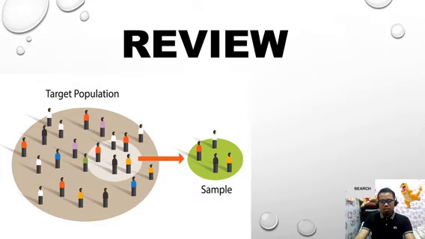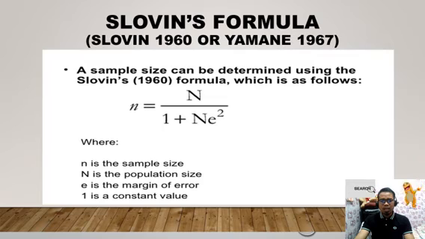The next question will be, how are you going to get the sample? You can get the sample by using the suggested Slovin's formula, Slovin 1960 or Yamane 1967 formula, and the formula is about getting the sample size.